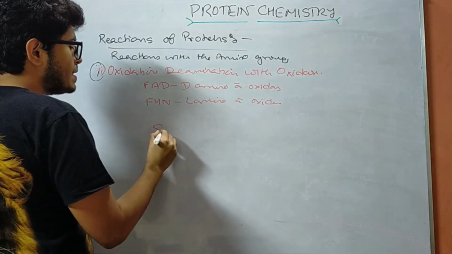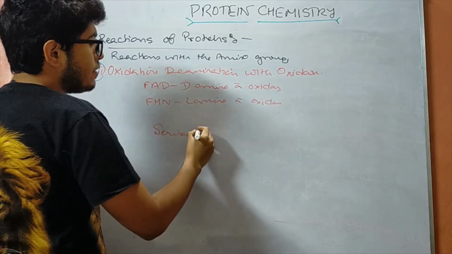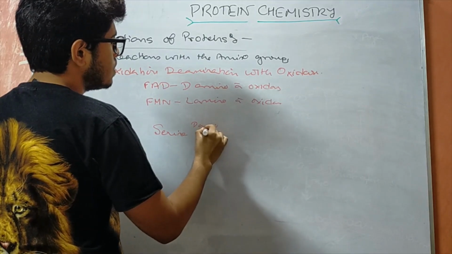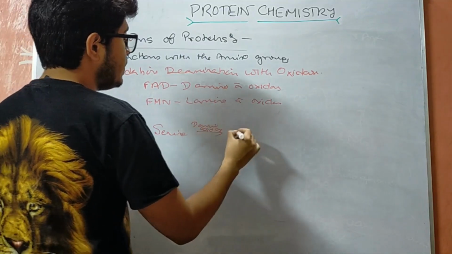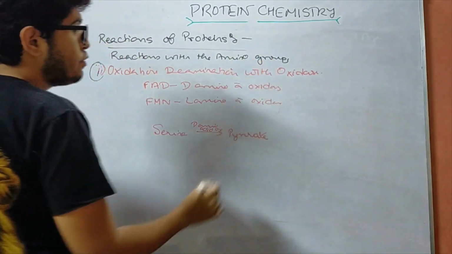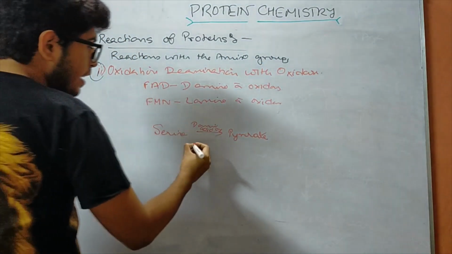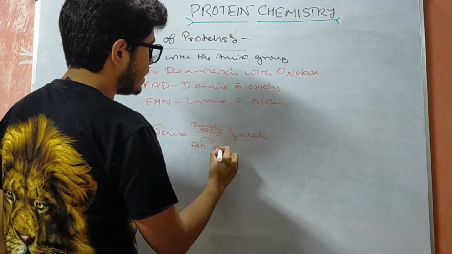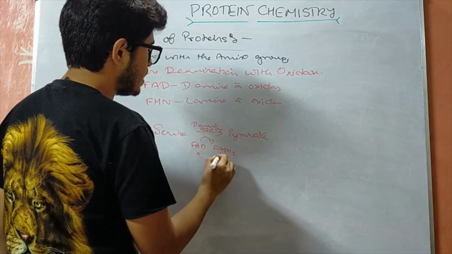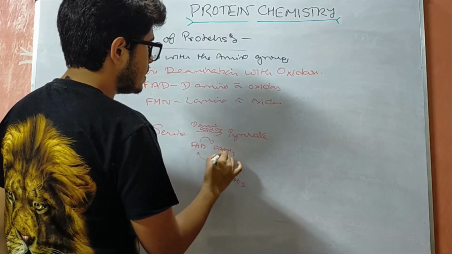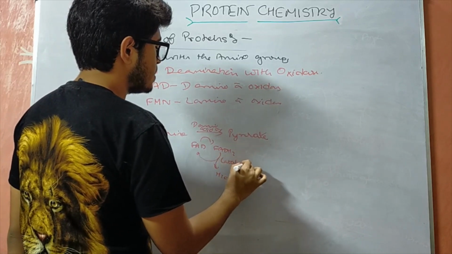Suppose, for example, a serine molecule is acted upon by D-amino acid oxidase. We get pyruvate. Here FAD is converted to FADH2, and then subsequently H2O2 plus O2 by the enzyme catalase.